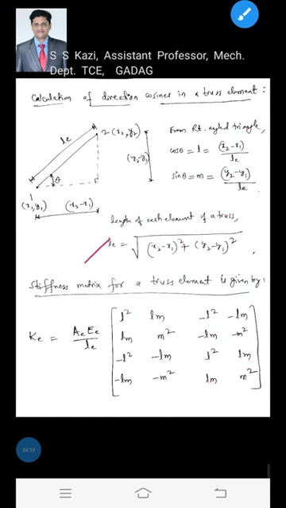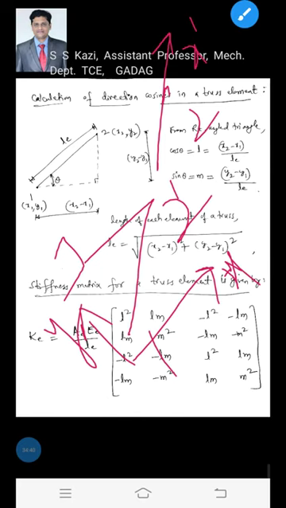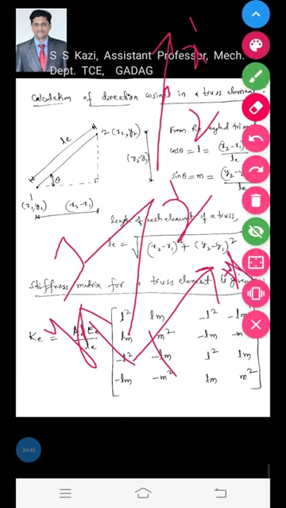In case of a truss, if you consider a single element, the local coordinate will be along this, which passes through these nodes, that is x dash is the local coordinate, but the global coordinates are x and y. Local and global coordinates are different for a truss element.